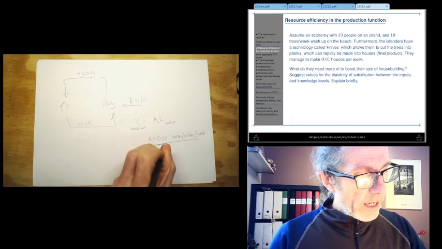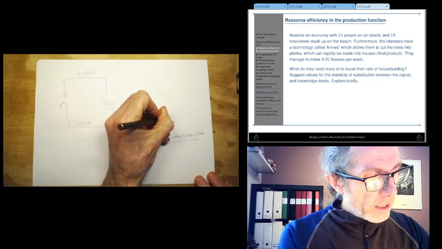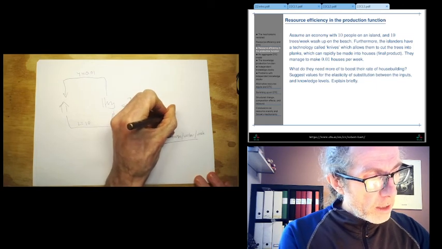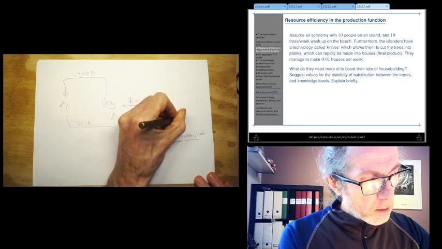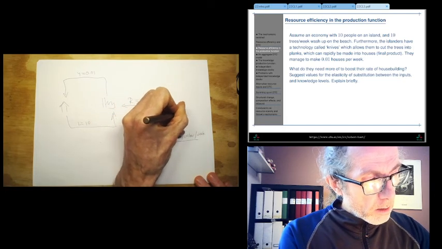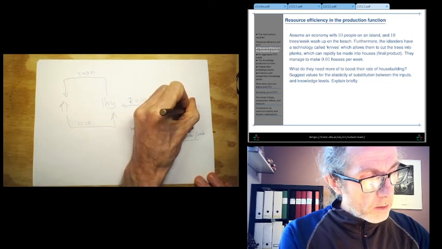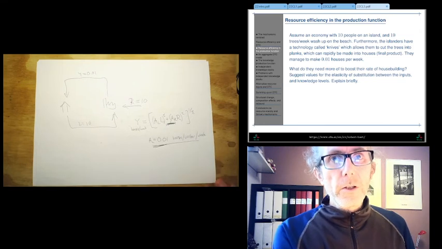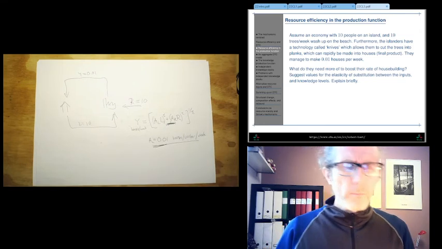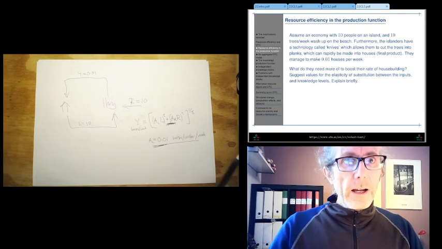We've got a value for A_L, but now we want to actually bring back A_R, and we want a CES function. What value should we have for epsilon?